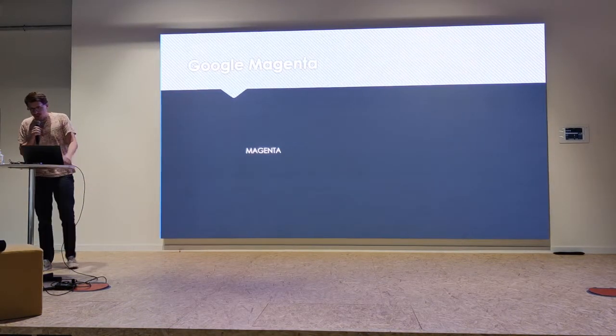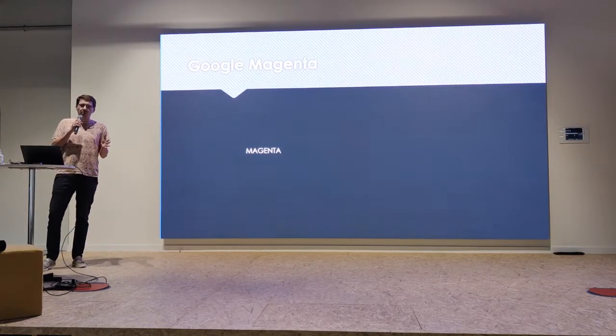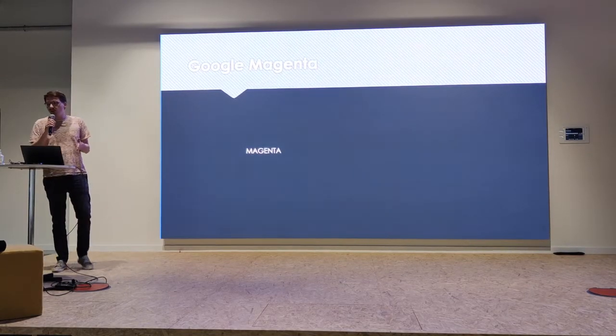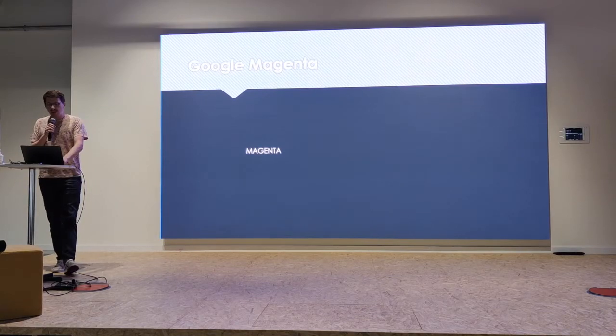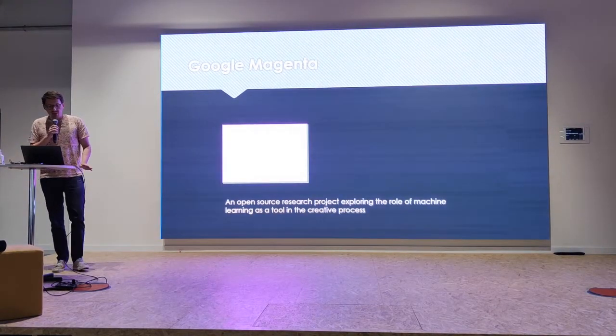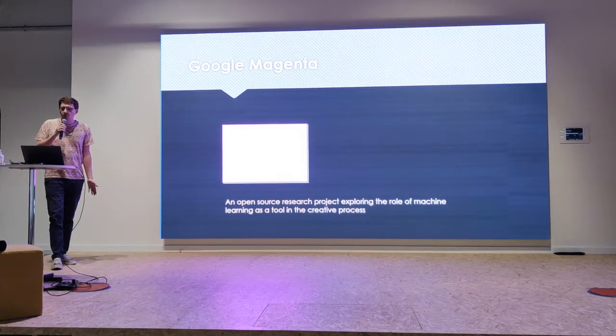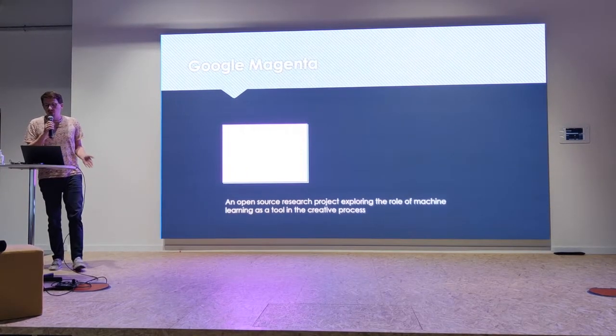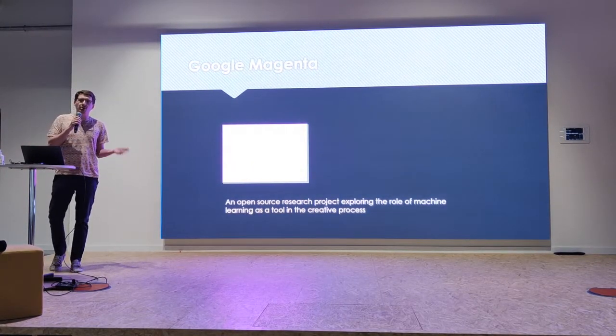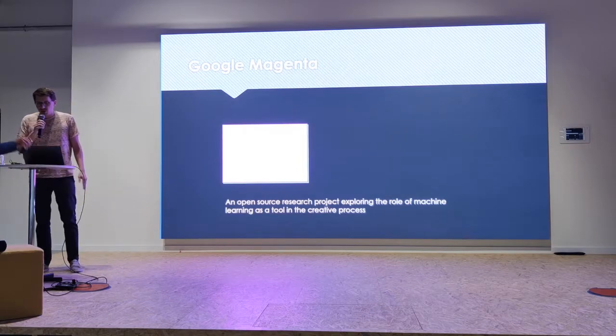So the whole project is based on this framework by Google, this research project. It's called Google Magenta. And as they define themselves, they are an open source research project exploring the role of machine learning as a tool in the creative process.